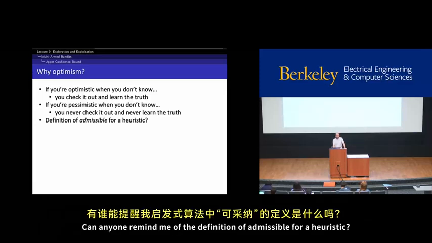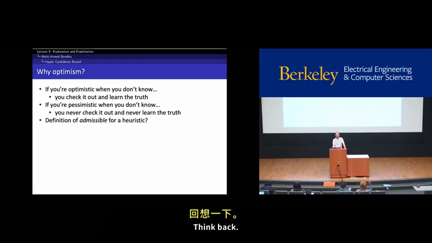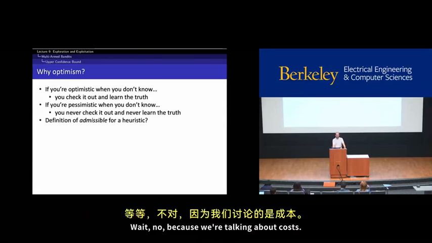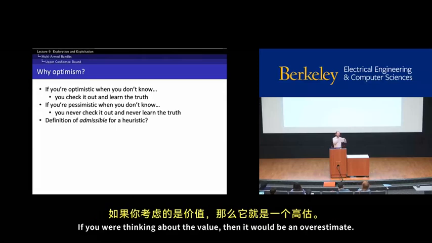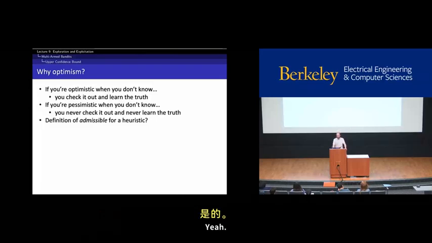Can anyone remind me of the definition of admissible for a heuristic? Think back. Wait, no, because we're talking about costs. So an admissible heuristic is one that underestimates the cost. If you were thinking about the value, then it would be an overestimate.